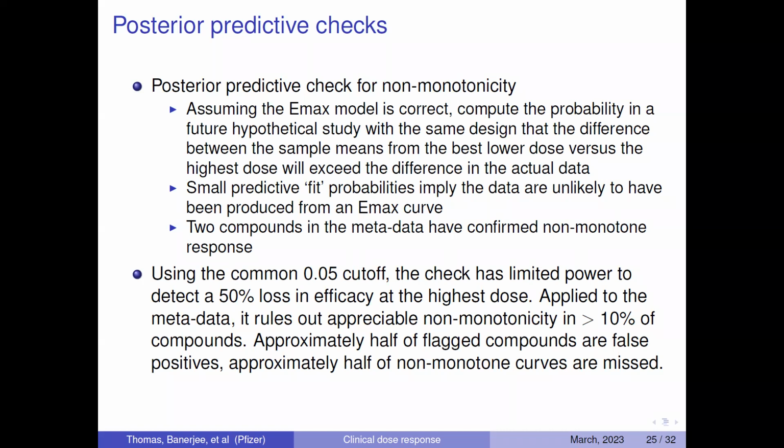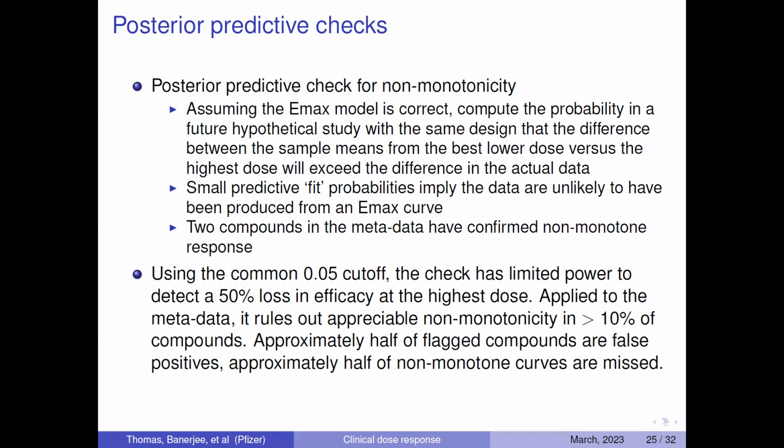And so when we apply these simulation studies, we can apply them both to our analysis of metadata, so the aggregate assessment, as well as the new compound. When we applied it to these simulations, where we simulate the entire metadata set repeatedly and repeat the entire hierarchical modeling process, what we found is that we could rule out non-monotonicity at no more than 10% of the compounds.